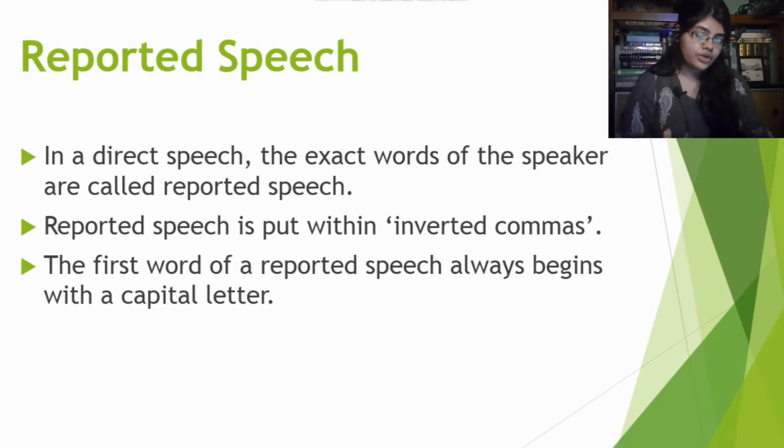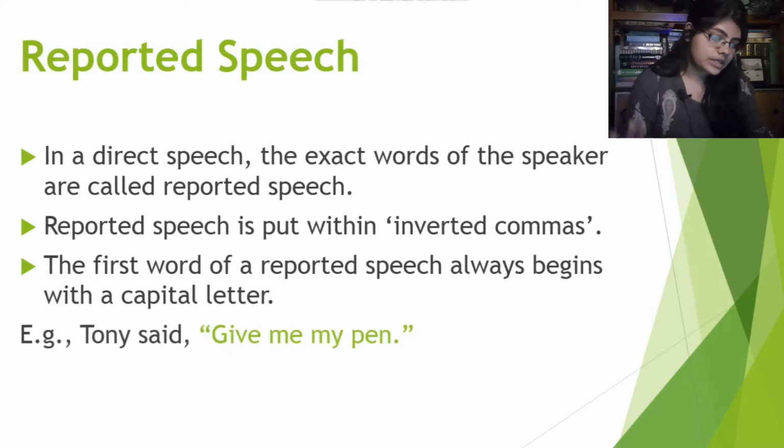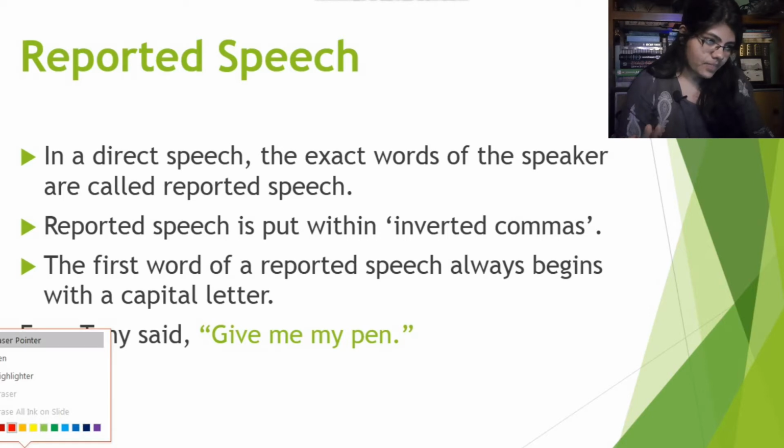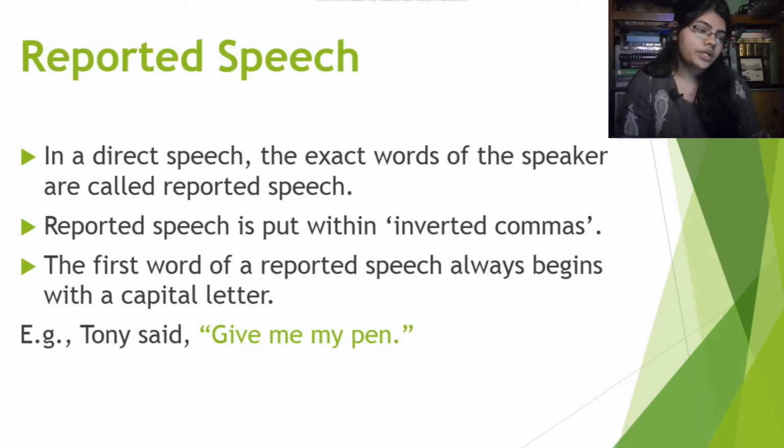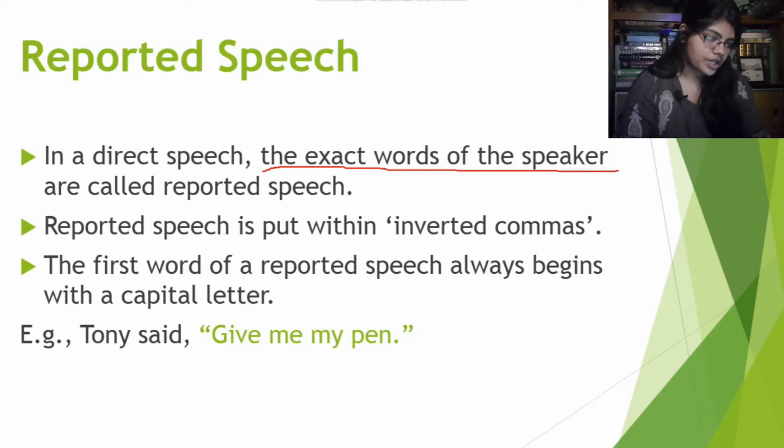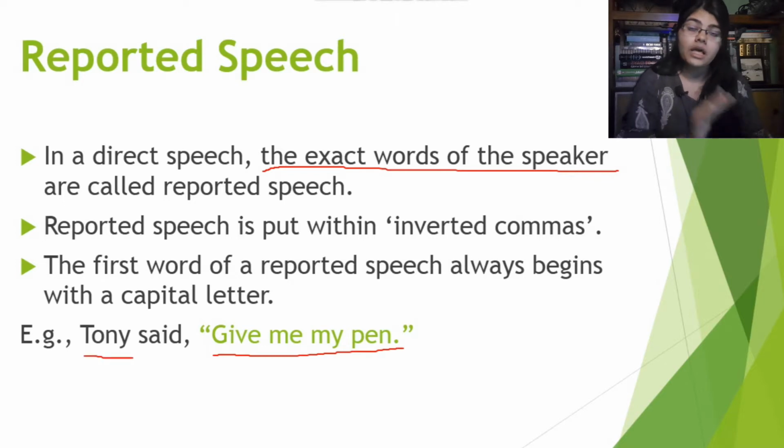Now, I will give you an example so that you understand it easily. The first point said that in a direct speech, the exact words of the speaker are the reported speech. Here, the example is, Tony said, "Give me my pen." These are the exact words of the speaker, which is Tony. "Give me my pen." This is the reported speech.